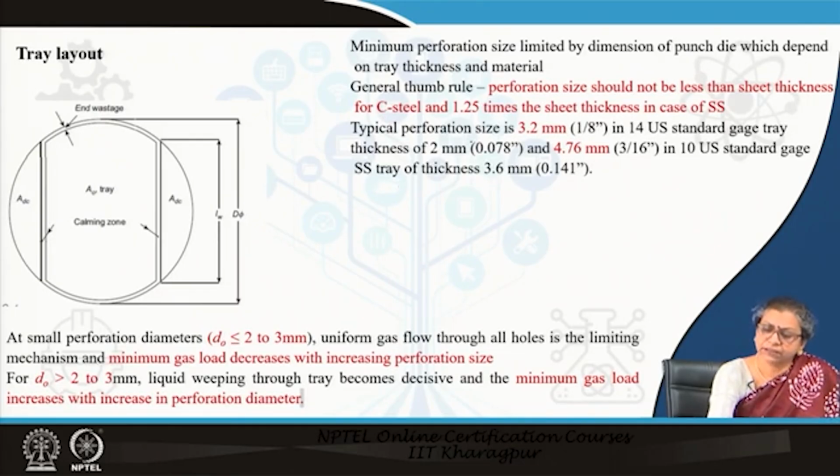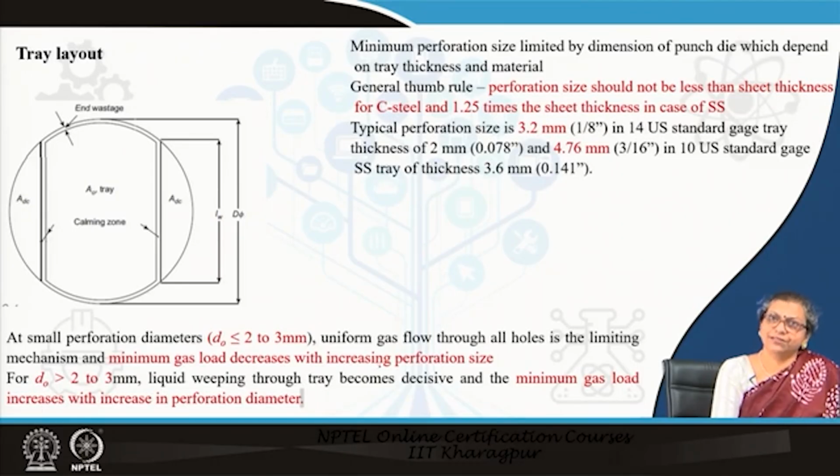Based on this, the typical perforation sizes for stainless steel for different thicknesses are all given: 3.2 millimeters in US standard gauge thickness of 2 millimeters, 4.76 millimeters for an SS tray thickness of 3.6 millimeters, etc. Based on that also, your perforation diameter can be selected. Depending upon the problem, you will select the perforation size, but conventionally, we start with a perforation size of 5 millimeters.